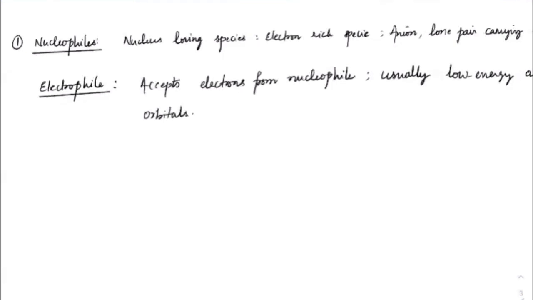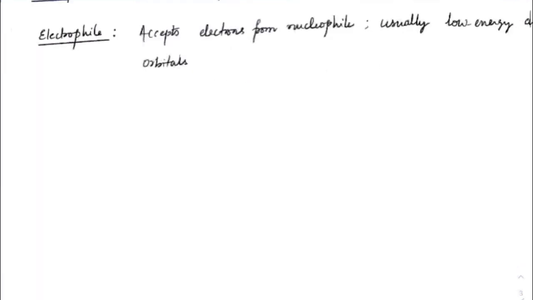We'll see what exactly that means. In general, whenever we see a chemical reaction, a nucleophile will attack an electrophile, and this is the movement of electrons.